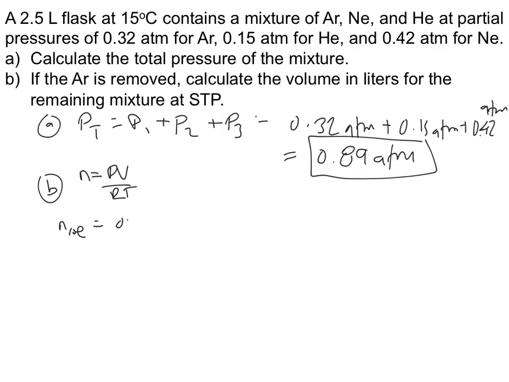So we have 0.15 atm times 2.5 liters divided by our constant, R, in liter atm per mole Kelvin, and then times our old temperature, which is 288.15 Kelvin.